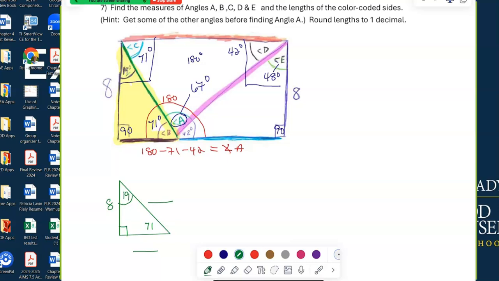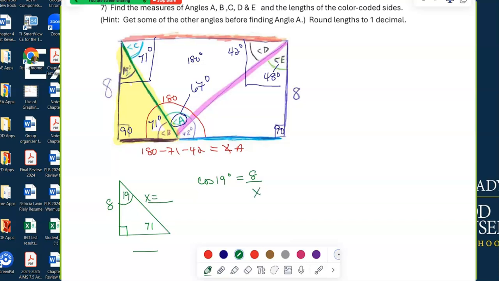So why don't I say that the cosine of 19 degrees equals, cosine is adjacent, so that's 8 over, cosine is over hypotenuse, and my hypotenuse I will call x.